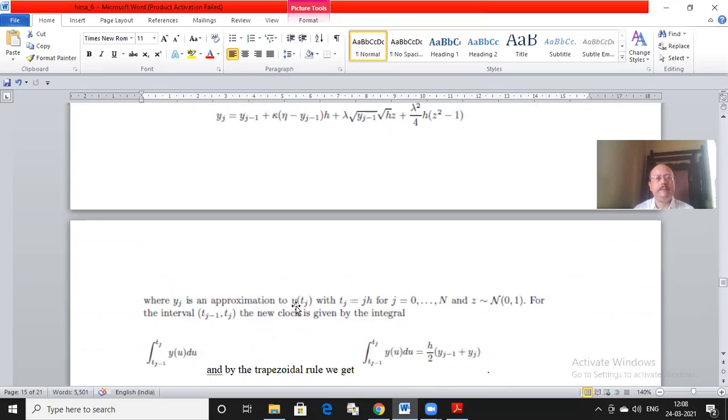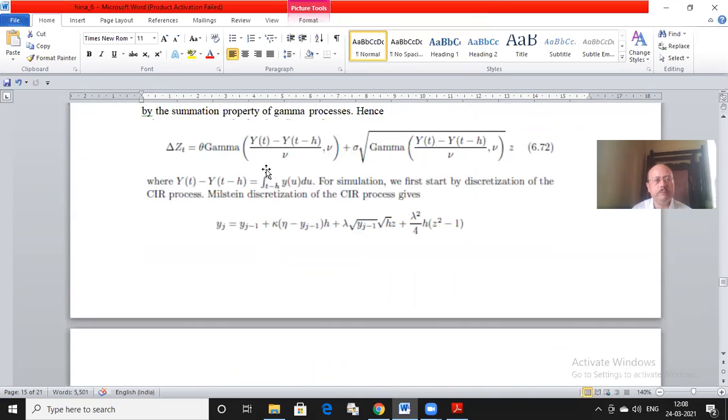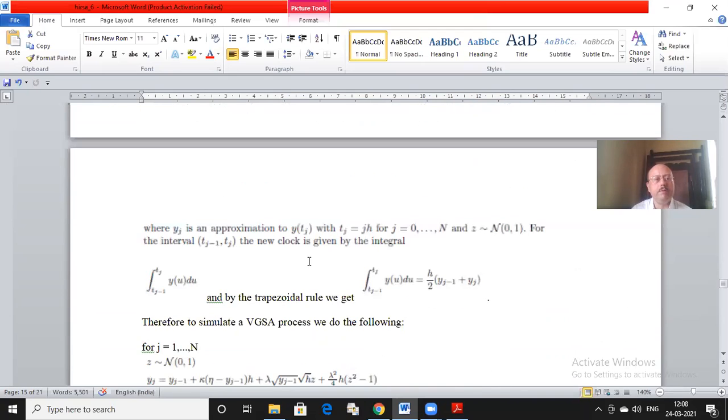And as usual, yj is approximating y tj, tj is jh, etc. So for this interval tj minus 1 to tj, for these kinds of small intervals, the new time or the new clock is given by this integral of yu du, as I have written here.